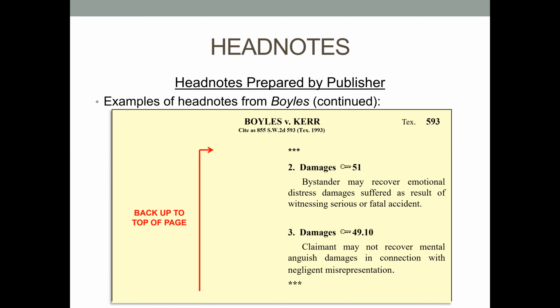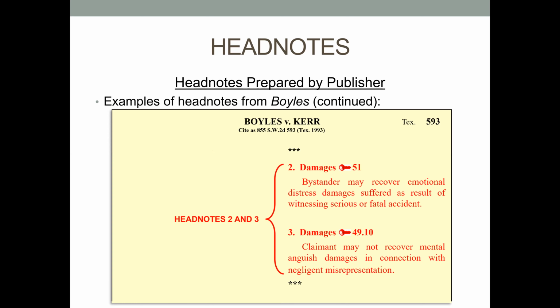Now, to see the second head note on the actual page in the Southwestern Reporter, you would have to go back to the top of the page in the right-hand column where the head notes continue. And so here are head notes number 2 and 3. And as you can see, head note 2 is numbered 2, and head note 3 is numbered 3. And the ones that follow will be 4, 5, and 6, and so on.